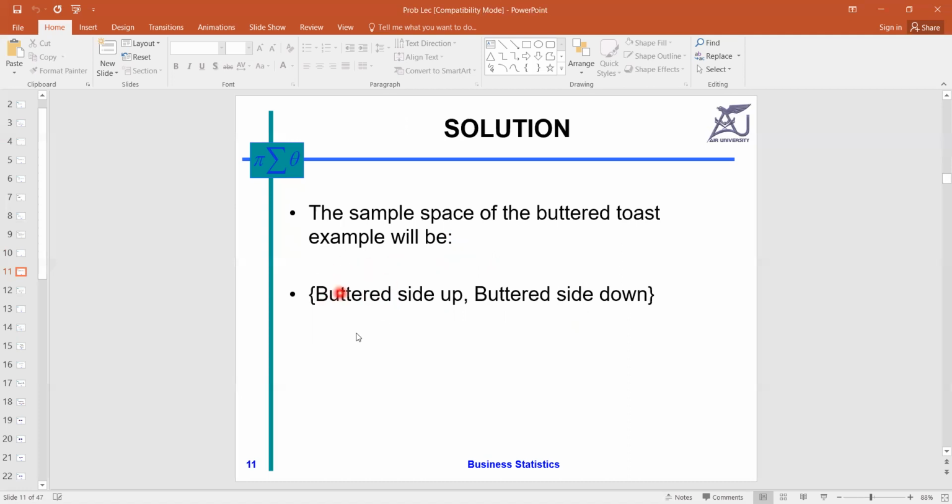There is no third or fourth possibility, because in probability, in sample space, we are talking about unbiasedness. So this is also an example of discrete sample space.